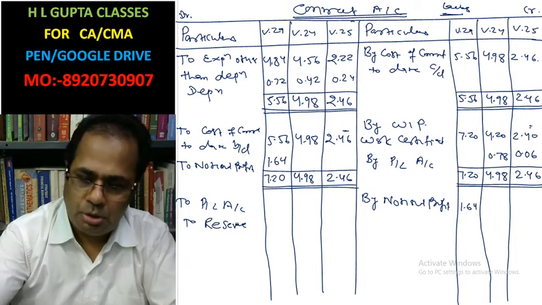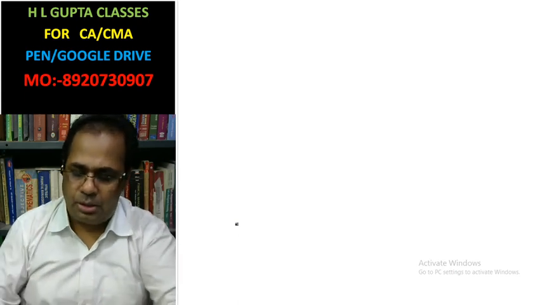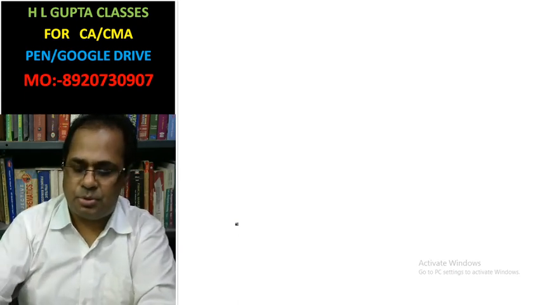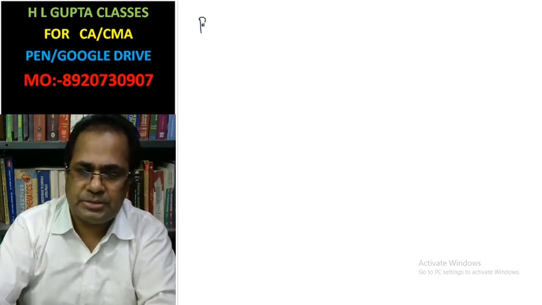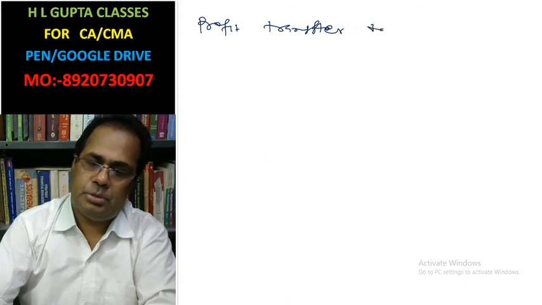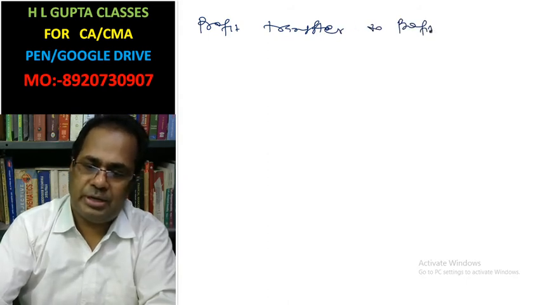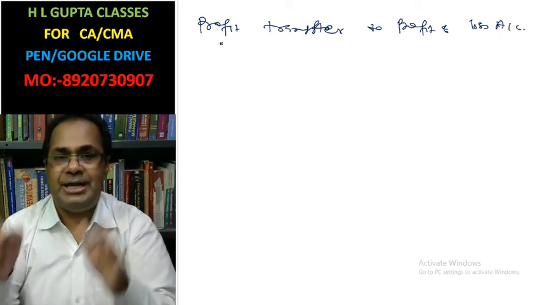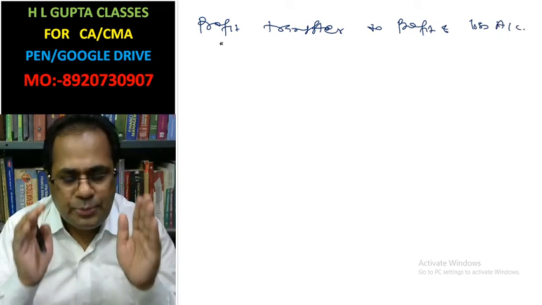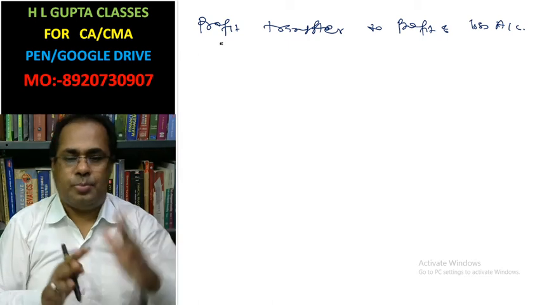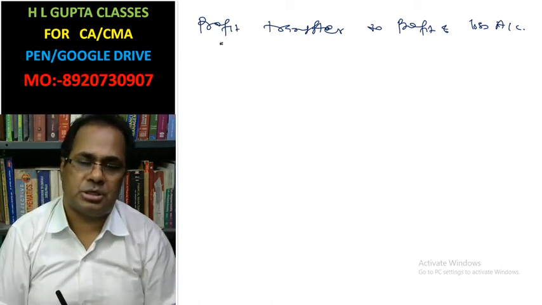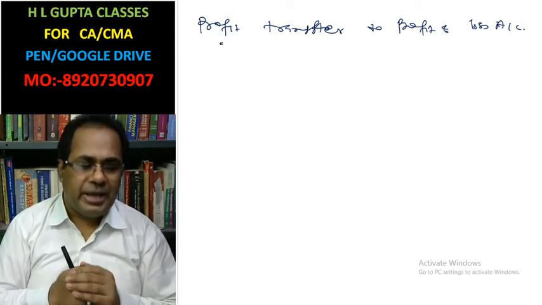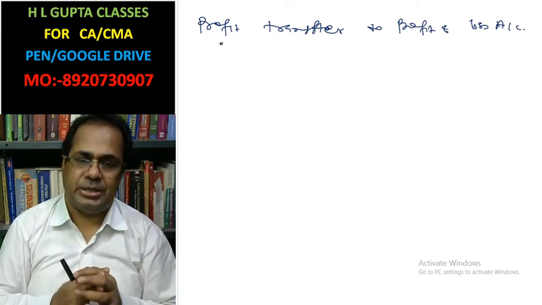Look at it. Now, what will be the profit transferred to the profit and loss account in this case? In this case there is only one contract whose profit will be transferred to the profit and loss account, which is contract B29.